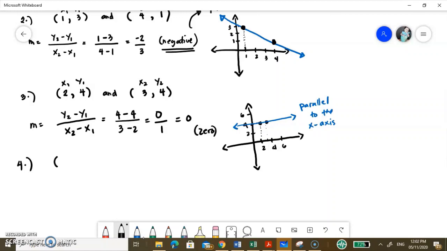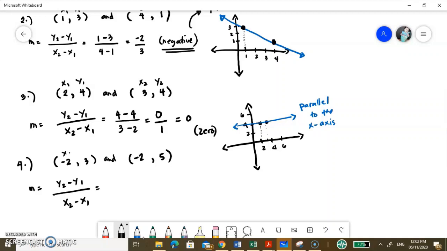Okay? And then lastly, paano naman kapag undefined yung slope niya? So, if you have like negative 2, tsaka 3, and you have negative 2 din dito sa kabila. Tapos, 5. Sample lang. So, if you're going to find the slope using our formula, y sub 2 minus y sub 1 over x sub 2 minus x sub 1.